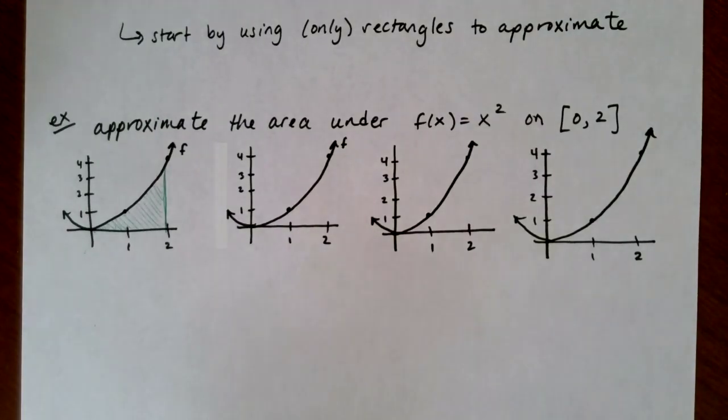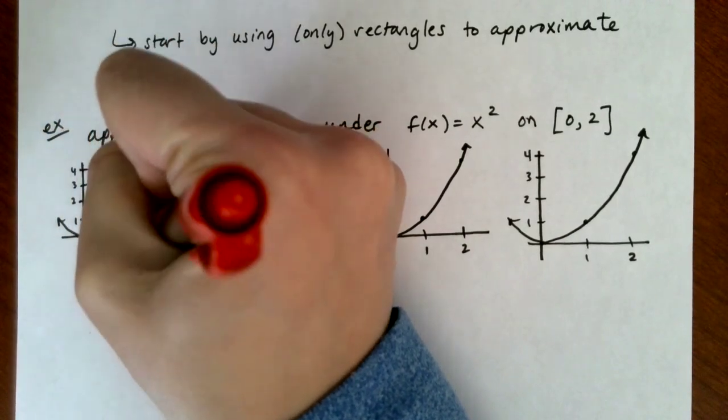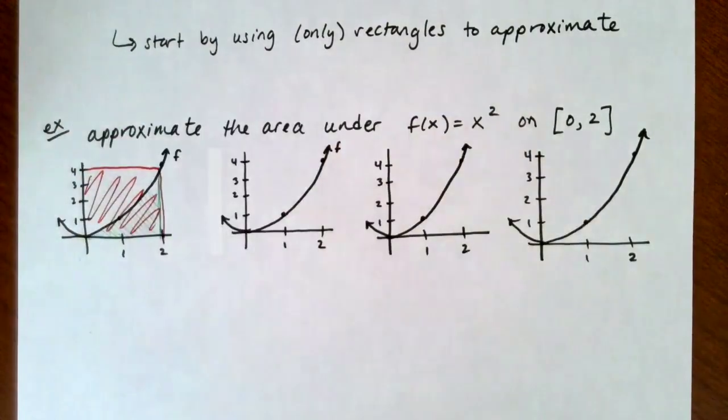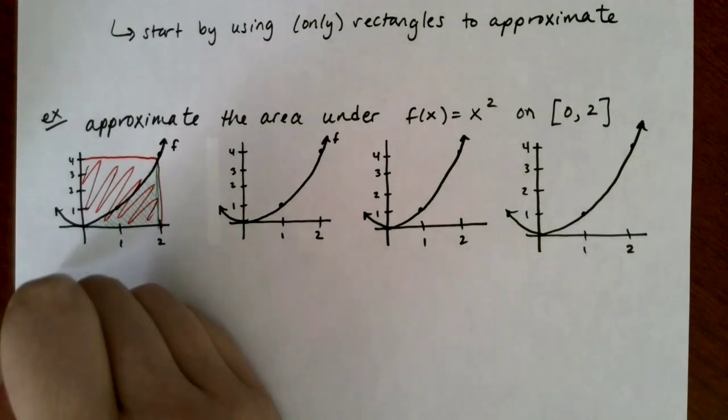The first thing we could do is the most naive computation, which is just one big rectangle, just to get the ball rolling. Here's a big rectangle, this whole thing right here. At least for a rectangle, I know how to compute the area.